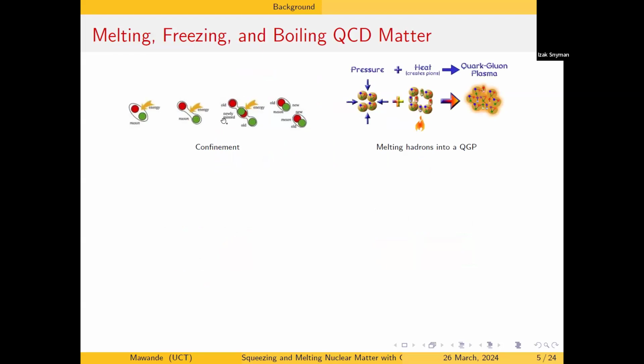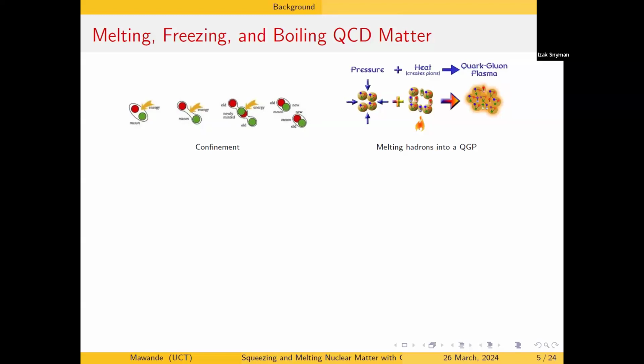In order to liberate the quark, you would have to put in so much energy that it's enough to produce a quark anti-quark pair. And then instead of ending up with two separate quarks, you just end up with little mesons again. So they don't want to be separate.